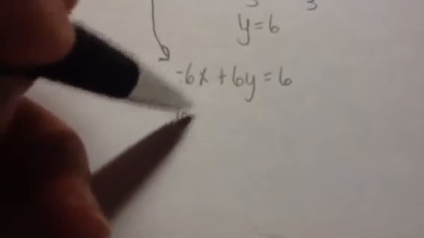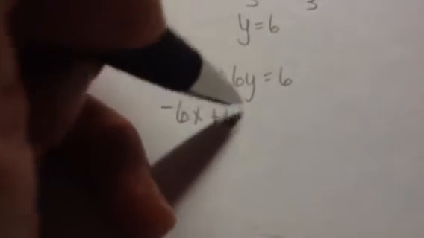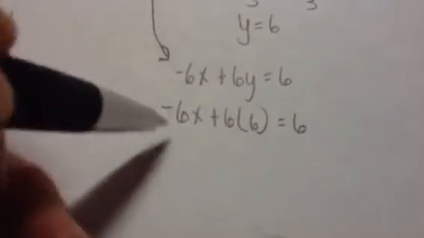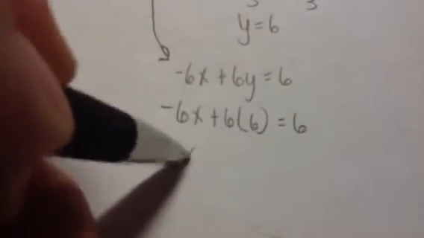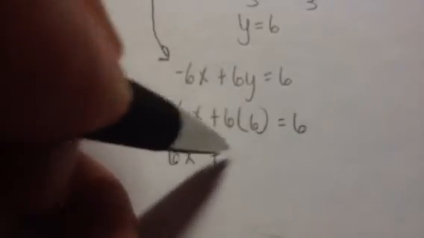So I'm going to have negative 6x plus 6 times 6 equals 6. So I have negative 6x, and 6 times 6 is 36, and this is going to equal 6.